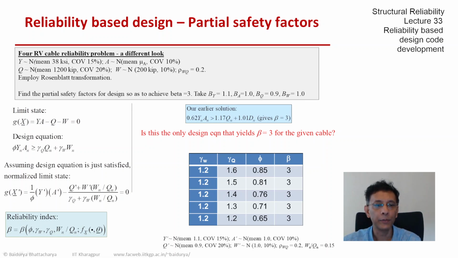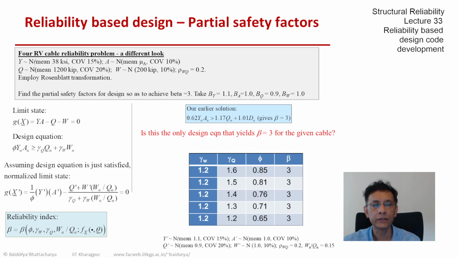Similarly, the last row is if the two load factors, gamma w and gamma q, are equal, then phi has to be brought down more to 0.65 in order to achieve the beta of 3.